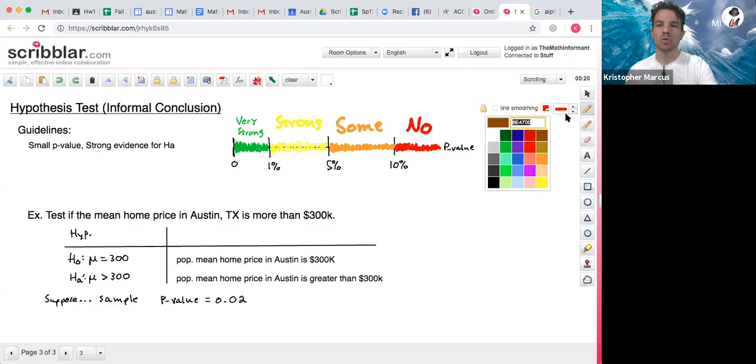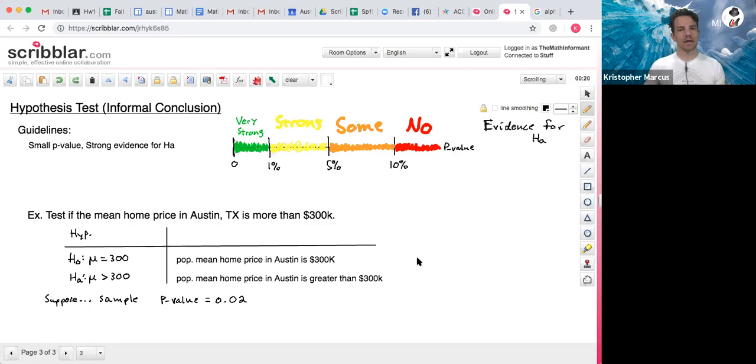Now again, all of these are pointing to a statement about the strength of evidence for the alternative. Not for the null, it's the evidence for the alternative statement. So the way to do this is set this gauge up and determine, is it very strong, strong, some, or no evidence?